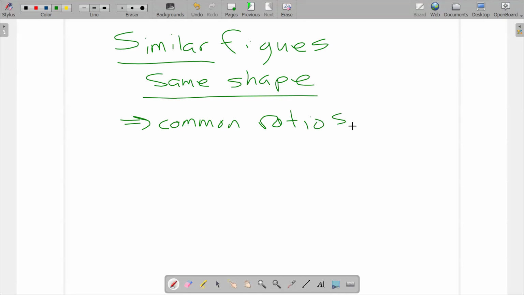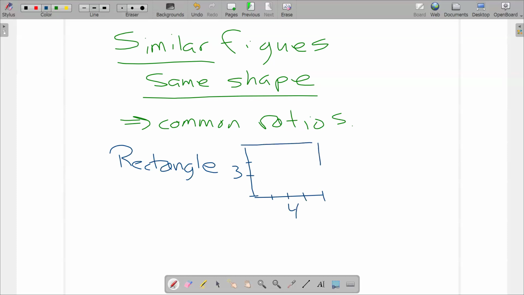For example, we could be talking about a rectangle. And if I make a rectangle that is, say, 1, 2, 3 units tall, and then 1, 2, 3, 4 units wide, a similar rectangle has to have the same shape.